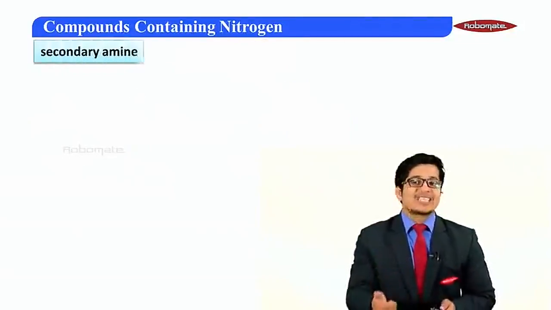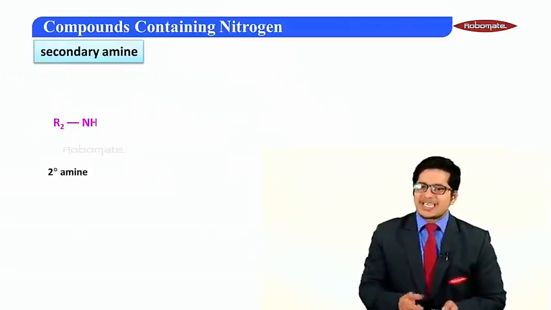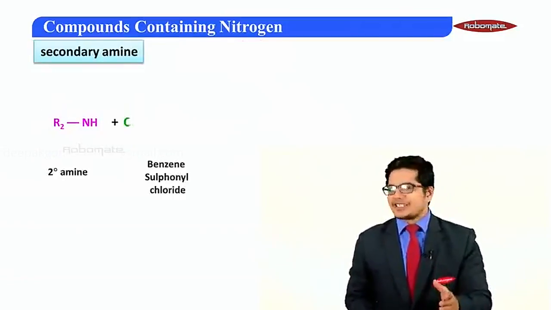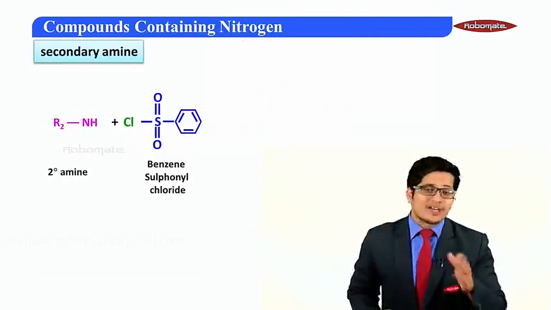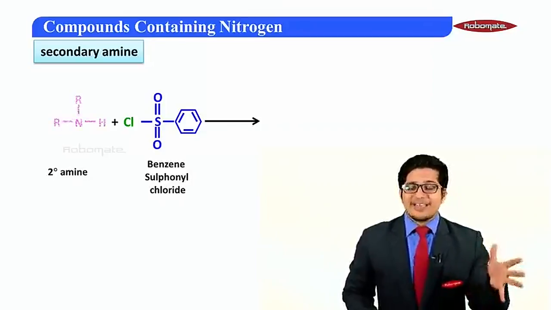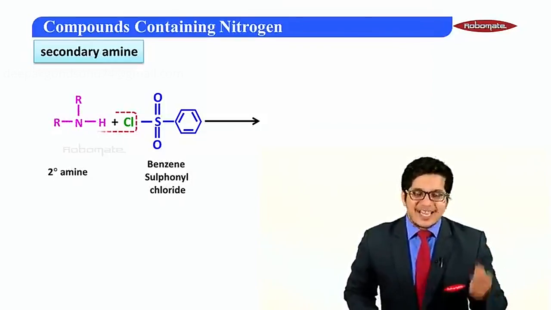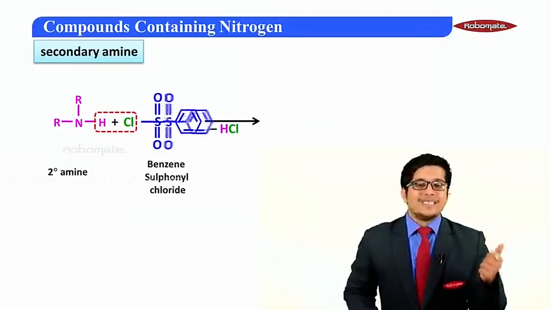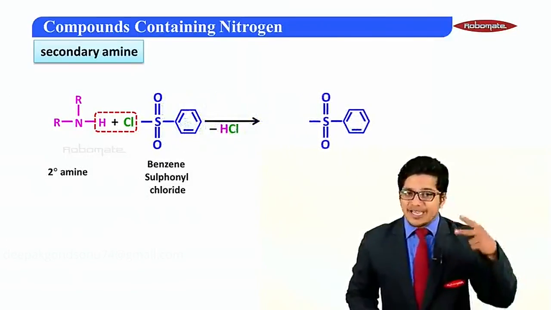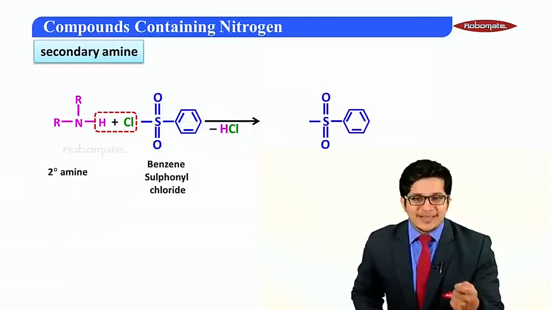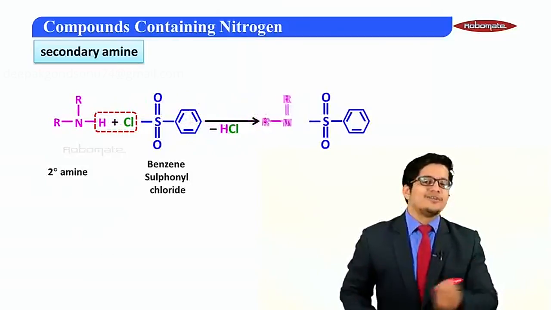Let's see with the secondary amine. Now, let's take a secondary amine, R2NH. Treat it with Hinsberg reagent, that is benzene sulfonyl chloride. Again, H and Cl would combine, giving us HCl. And along with this, you would obtain a compound in which the benzene ring is attached to S, double bond O on both sides, also attached to NR2.